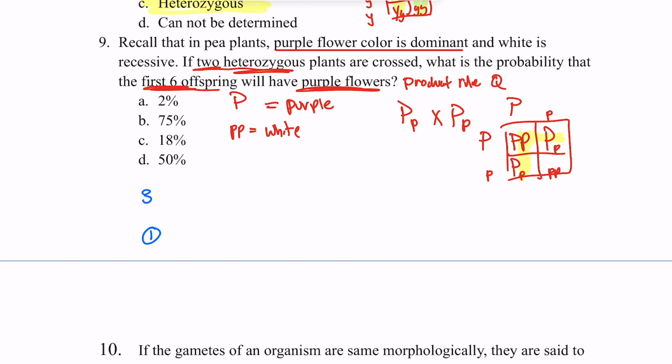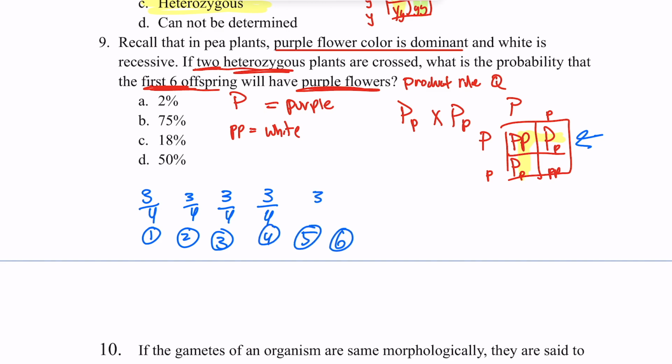Now, because it's an independent event, offspring number 2 is also going to have a 3/4 chance of being purple, as we see in the Punnett square. And then our 3rd offspring is going to have the same exact chance. So 1, 2, 3, 4 offspring, 5, and then our 6th offspring. And for product rule, we're just going to multiply all of these across.